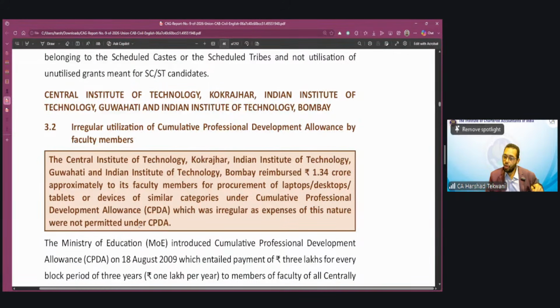So this is non-compliance with respect to the things which are permitted under CPDA. Second, intra vires: they did not have permission to do these kinds of reimbursements. Still, they have done it.